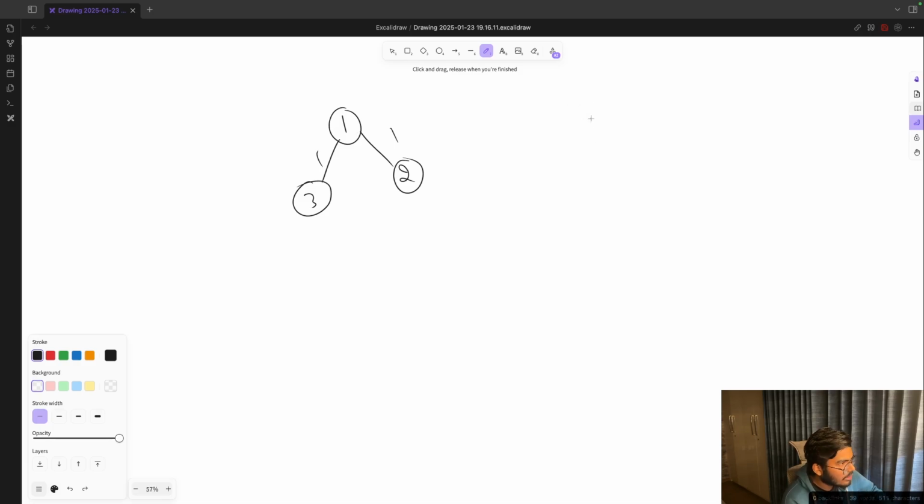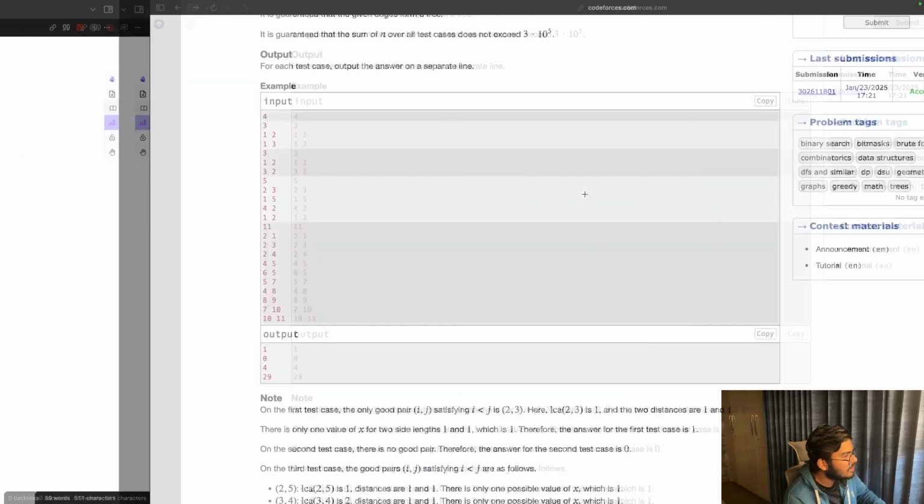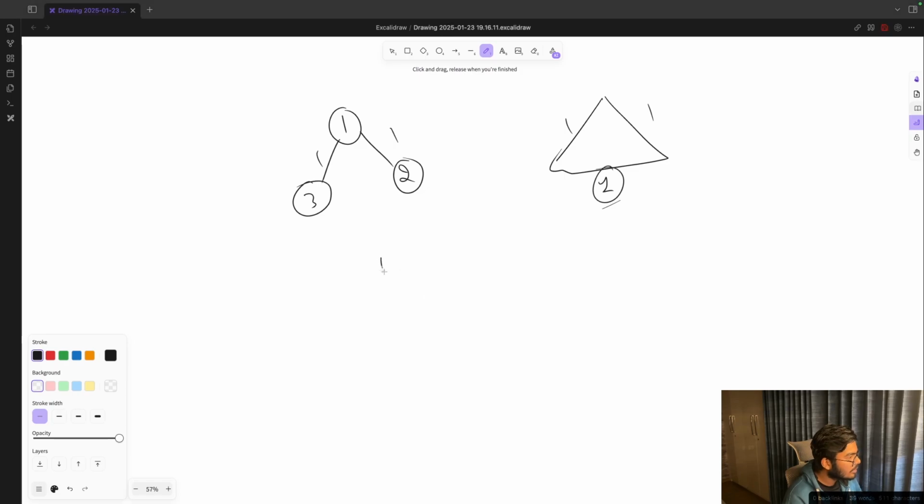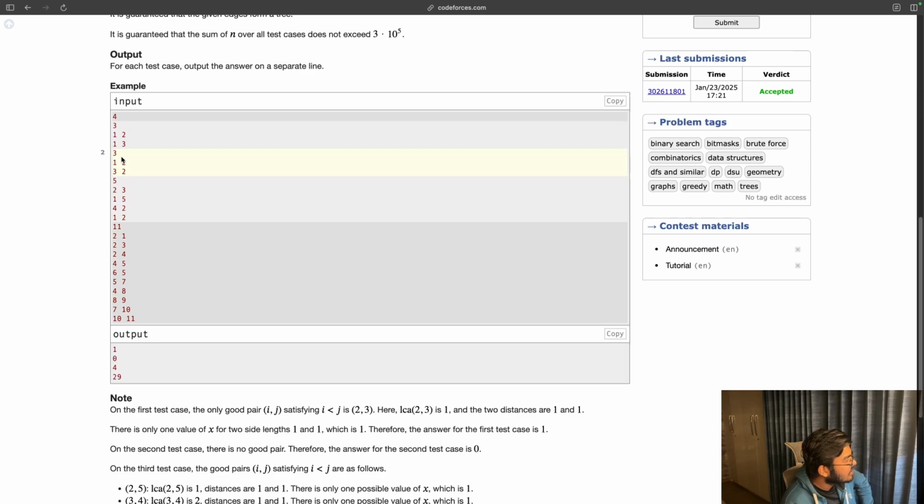So if you have a triangle of sides 1 comma 1, how many integers would you be able to generate? There is only one possibility, you can't even make 2, right? So that is why I think the answer should be 1 here. Yeah, and in this case 3, 1 2 and 2 3. So if you have 1, 2 and 3, every pair is an ancestor of the other, so you will never be able to form a triangle. So that is why the answer is 0.